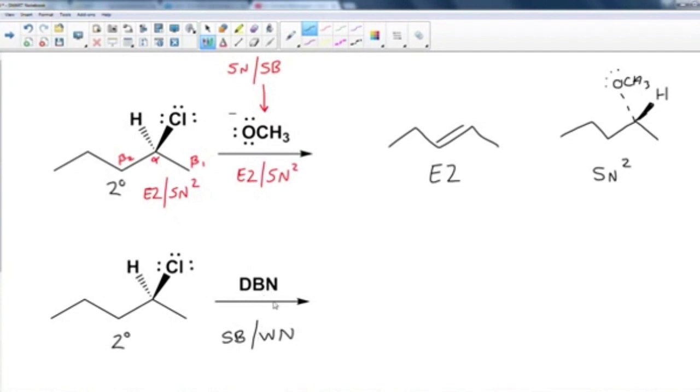Anytime something is that big and bulky, it lowers nucleophilicity, so we won't get the SN2 product because it is such a poor nucleophile. Elimination is going to happen predominantly, and we still follow Zaitsev's rule to form the most stable alkene product.